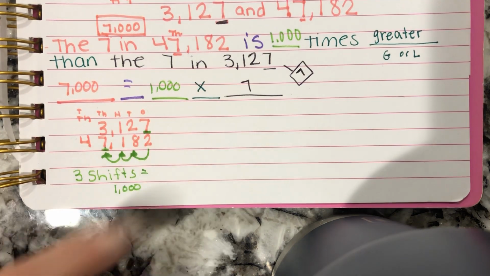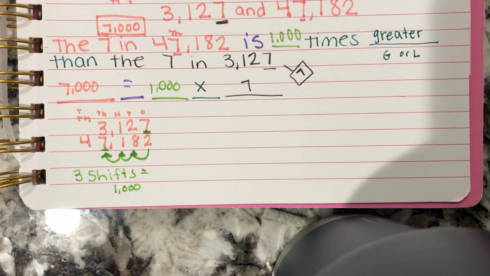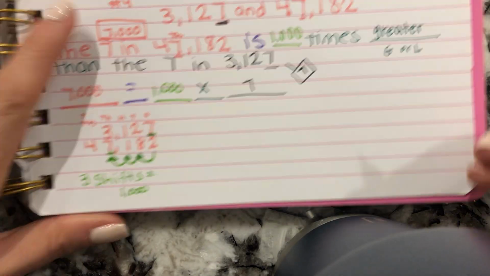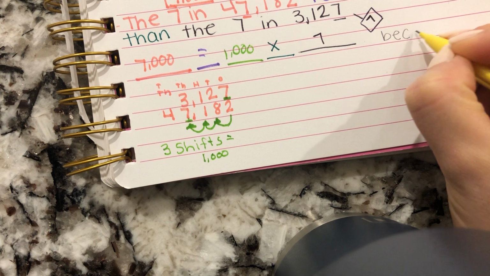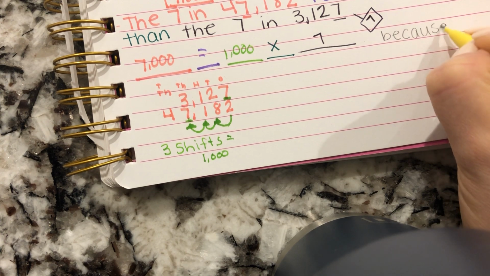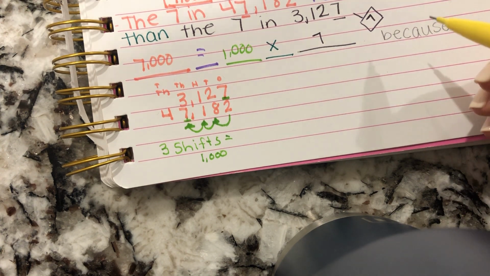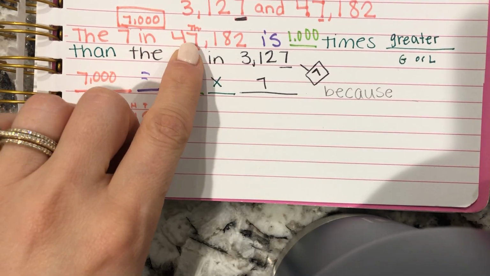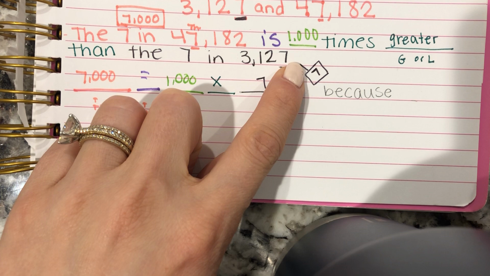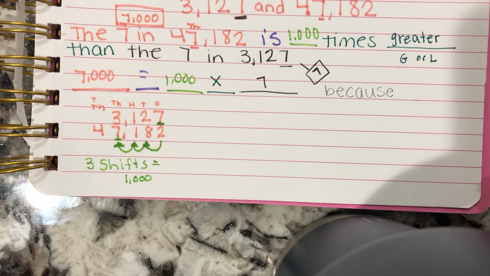All right. The very last thing we're going to do here, guys, is write our because statement. You're going to be asked to explain on your assessment at least once. How do we know? What did we do to figure out that this 7 is 1,000 times more than this 7's value?